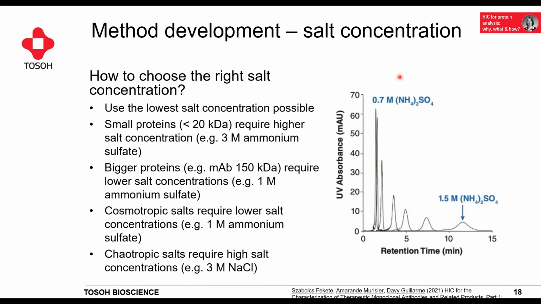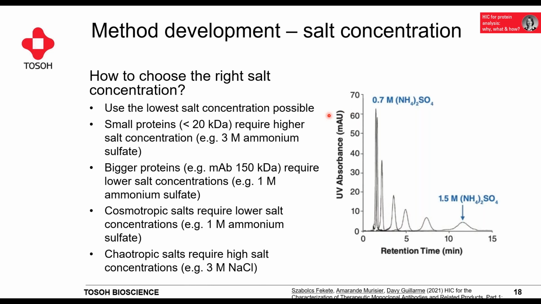Now, another thing, apart from the fact which salt works and which does not, the concentration also plays a big role. So there are some rules of thumb that help us to find the right concentration. So in general, we should always use the lowest salt concentration that is possible.